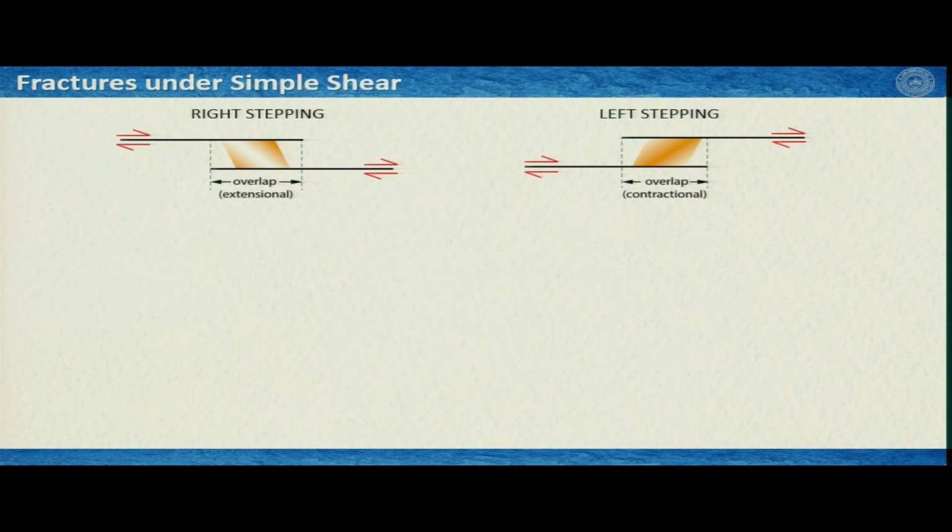So, we have two possibilities, one is right stepping and another is left stepping. What do I mean by this? You have two shear fractures, and this is their overlapping zone, and this part, as you can see, is moving this way, and this part is moving this way because of the sense of shear on this side.